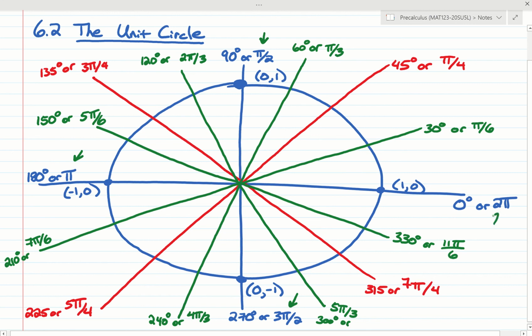And then we have 12 pi over 6, which is 2 pi. All right, so now we have all of our angles in degrees and radians.